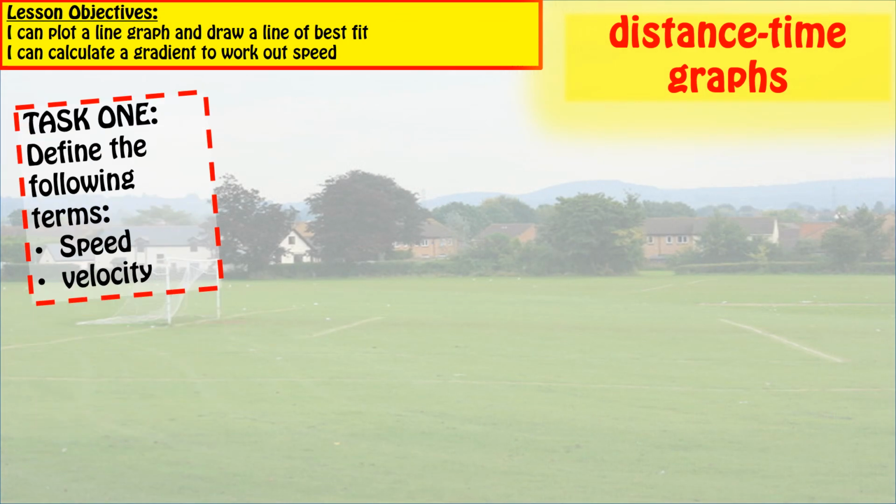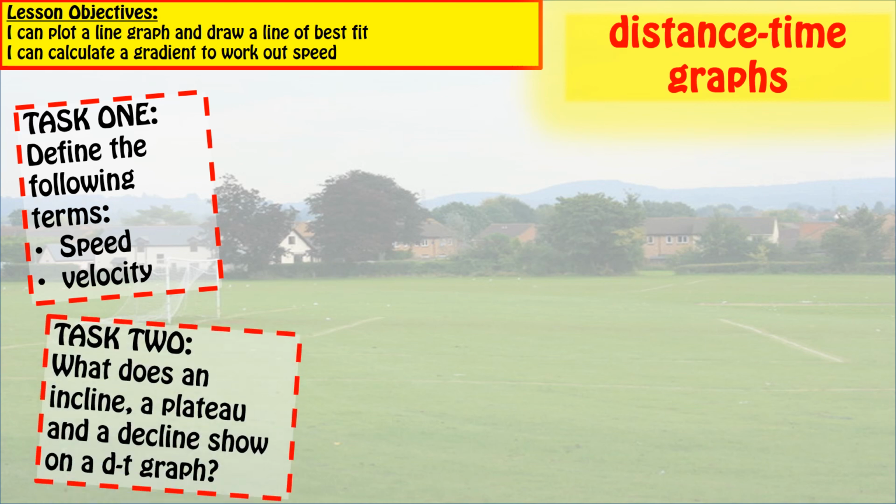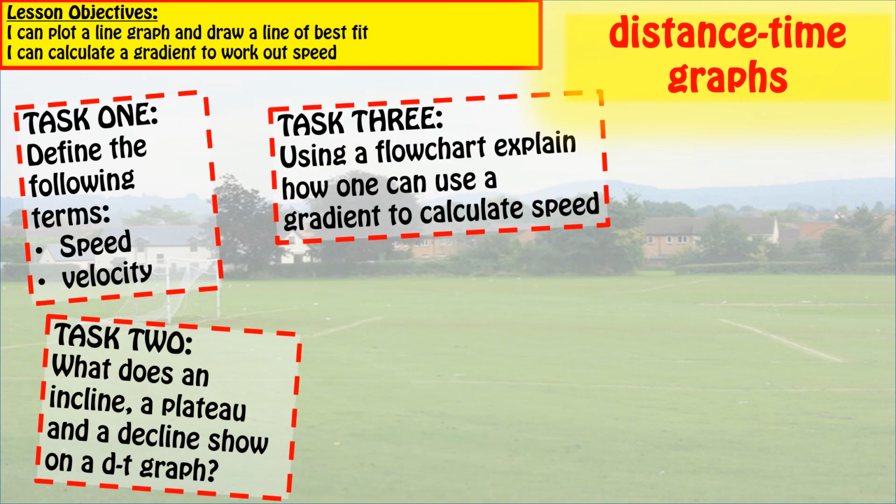Right, as always then, these are the tasks that we do want you to do, and then you need to email these to your teacher as well. Task 1, define the following terms: speed and velocity. Task 2, what does an incline, plateau and a decline show on a DT graph? You should be really good at this now, I hope. Task 3, using a flow chart. This is like where you have a box and an arrow, another box and an arrow.